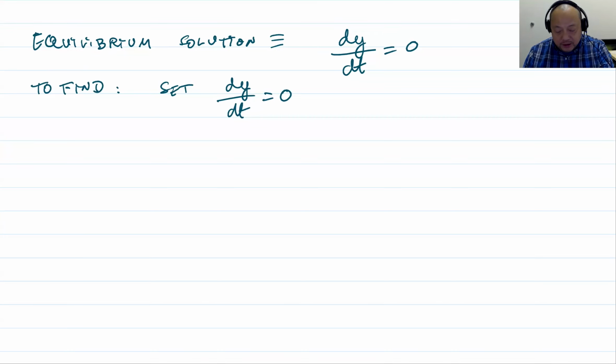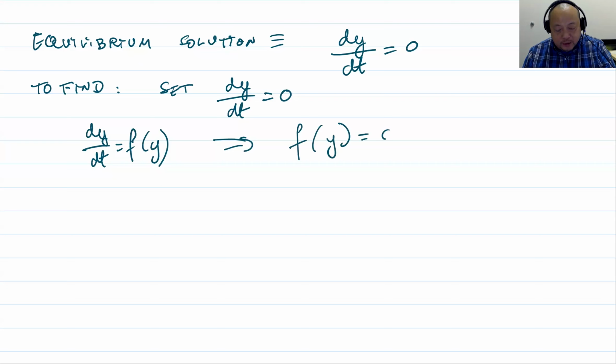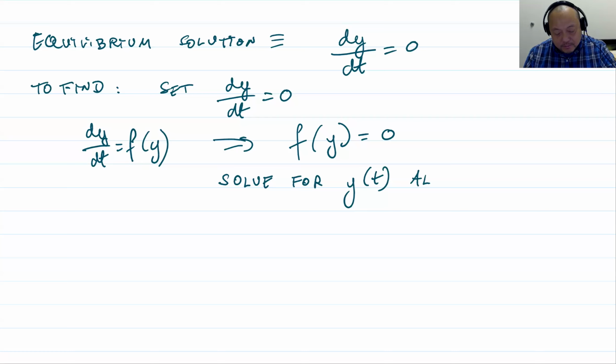Or, the equation is dy/dt equals f of y. Therefore, it leads to this equation f of y equals 0, which is not a differential equation, but an algebraic equation, which you can solve algebraically. That's how you find the equilibrium solution.